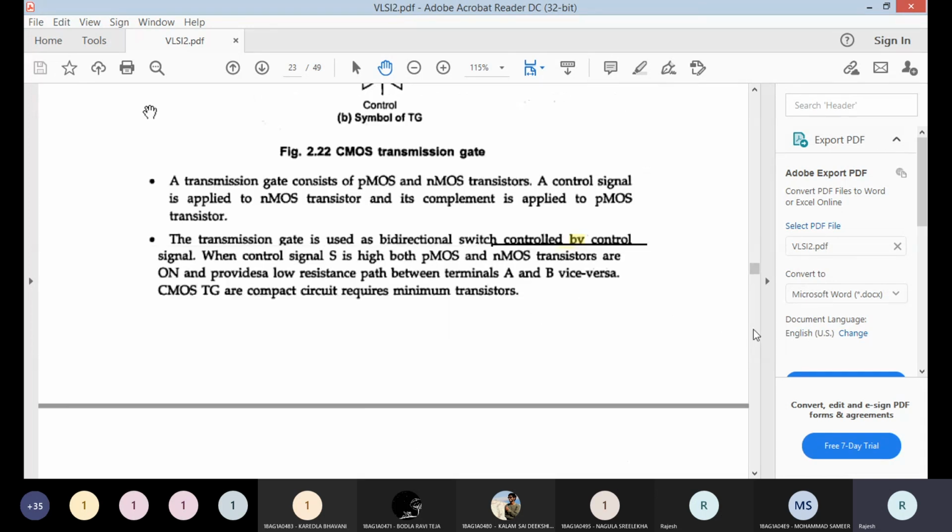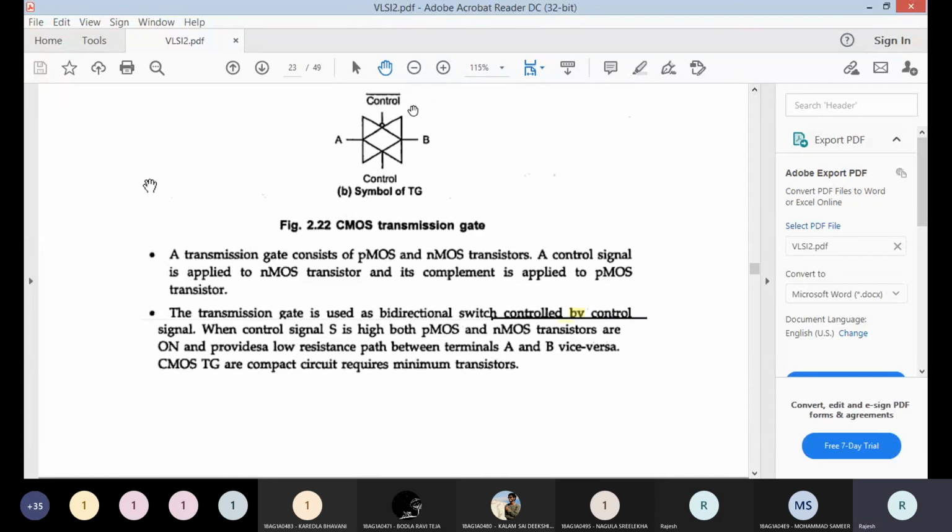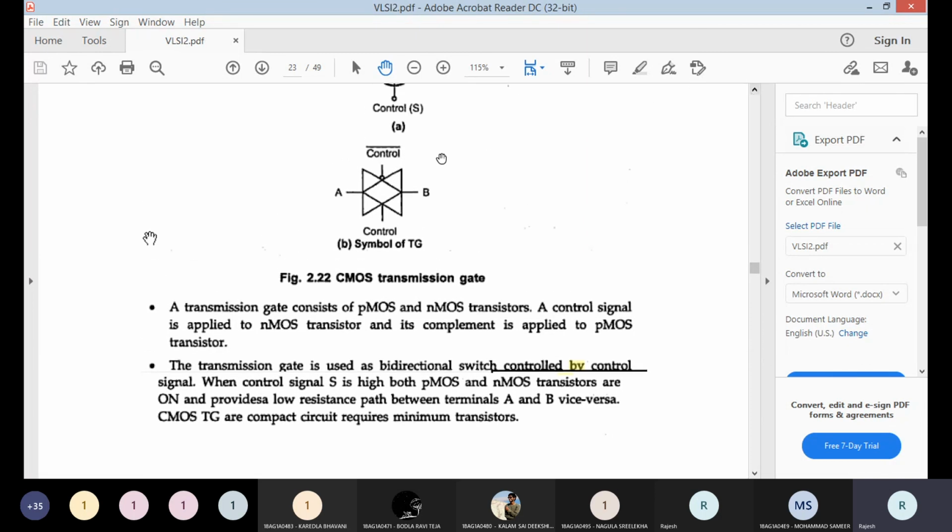The symbolic representation is this diagram. You can see control is one terminal for the gate, and control bar is another terminal but represented with a bubble. The bubble represents a PMOS device. Without the bubble it is an NMOS device.